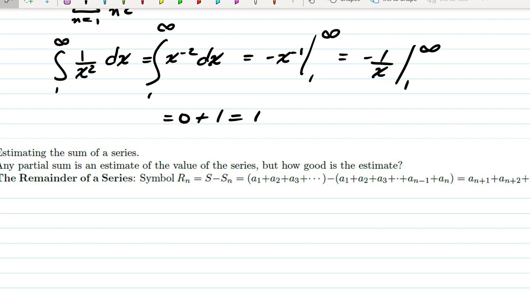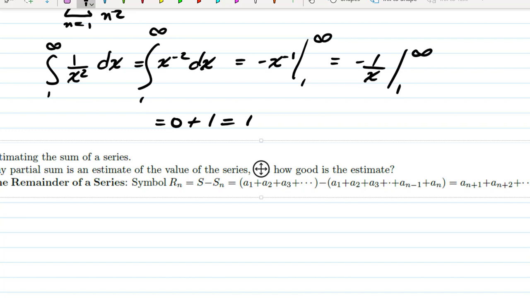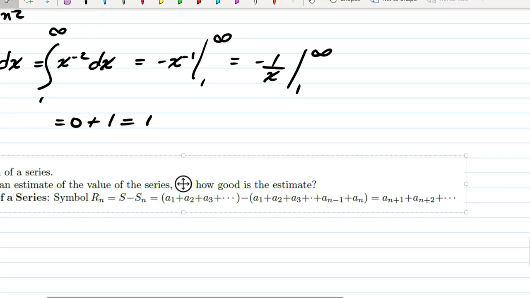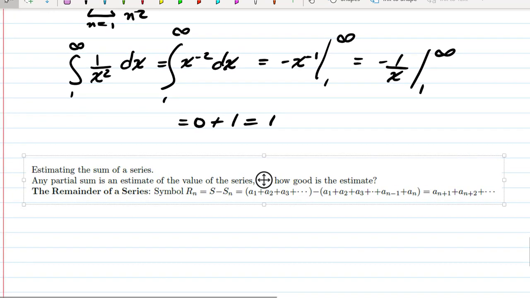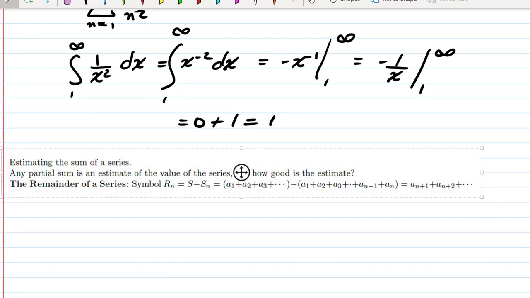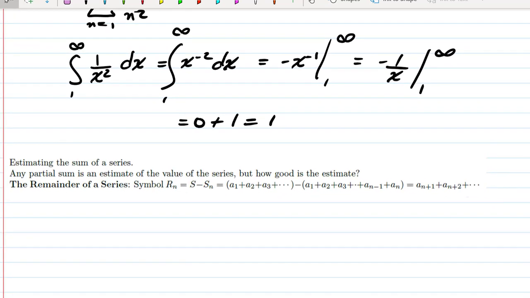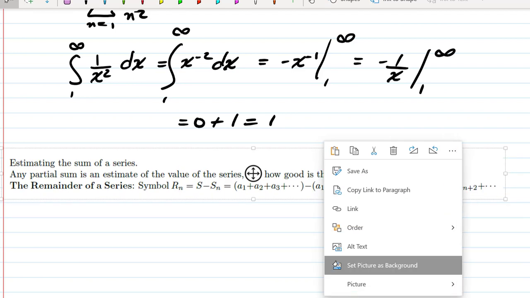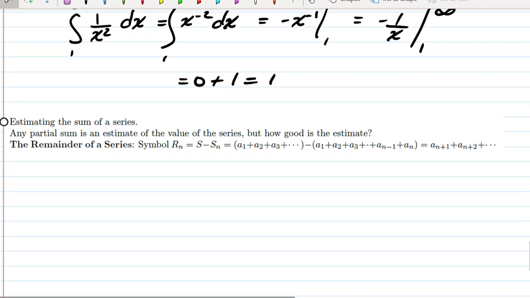So the remainder of a series, we're going to define that to be r sub n, and the remainder of a series is the actual sum s minus s sub n.